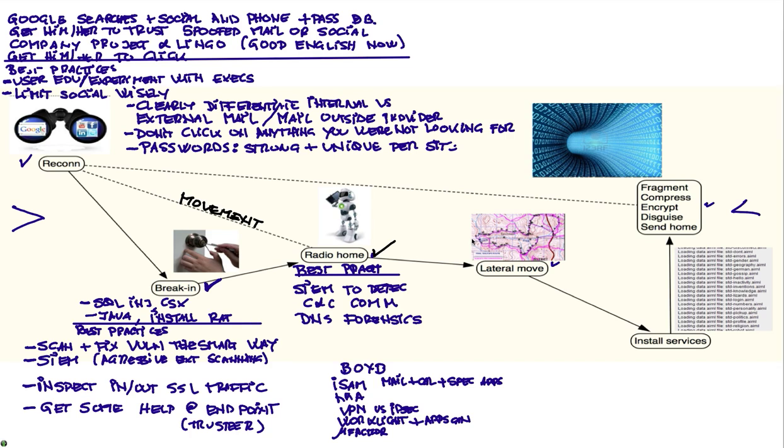Now let's talk quickly about the next phase, the lateral move. Now the hacker is trying to fix their position and see what the targets are. They find somebody in the company, but now I need to know where the admins are. I got somebody to click. How do I get to the admin or the exec?